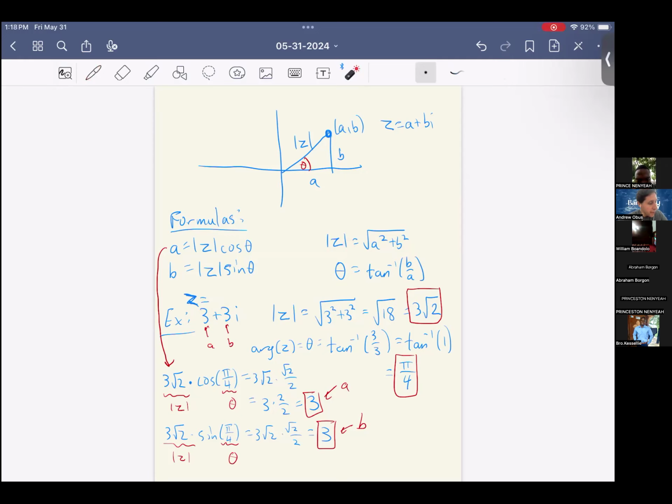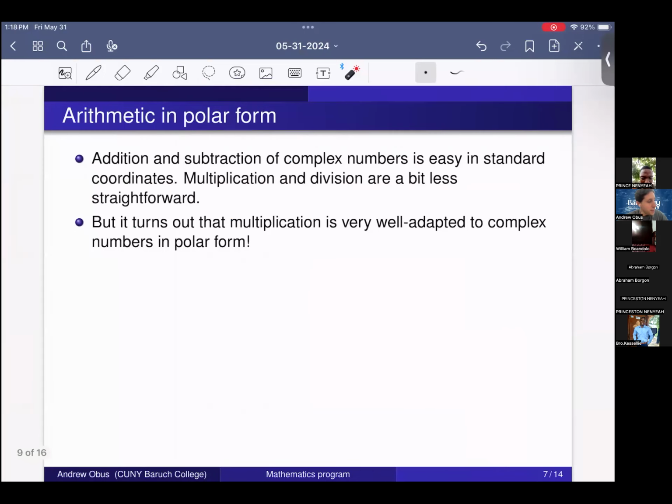The b is 3 and the a is 3, so b over a is 3 over 3. Okay, good.